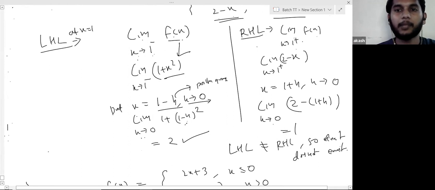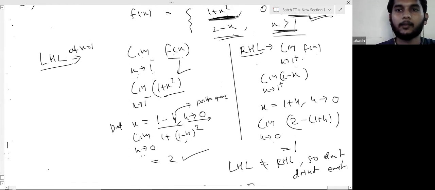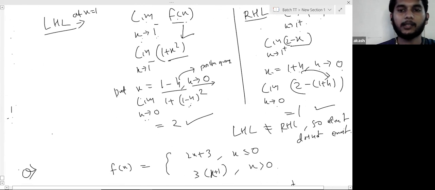Same for RHL: limit f of x as x tends to 1 plus. If x is more than 1, 1 plus means more than 1, so we assume this as the function, 2 minus x. Putting x equals 1 plus h, h tending to 0, direct substitution gives RHL as 1. So LHL is 2, RHL is 1. They are not equal, so the limit does not exist.